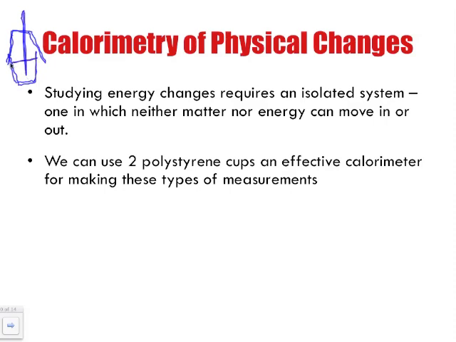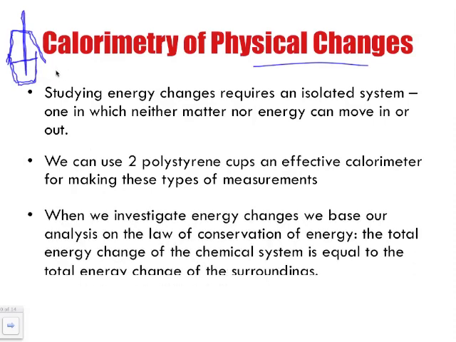And in here you would have whatever your solution is, especially if you're doing a physical change, you're just changing states, most likely from a solid to liquid, liquid to a gas, gas down to a solid. So in order to take these kind of measurements, that's what we'll use as a nice, simple, very effective calorimeter.